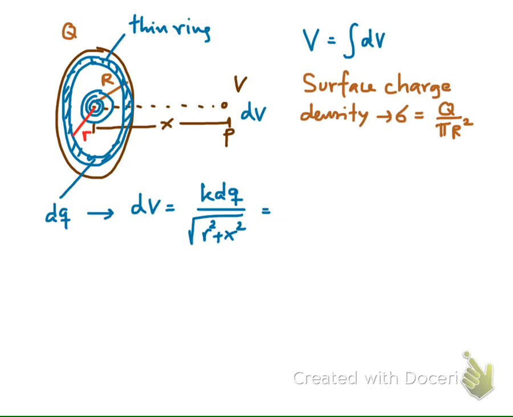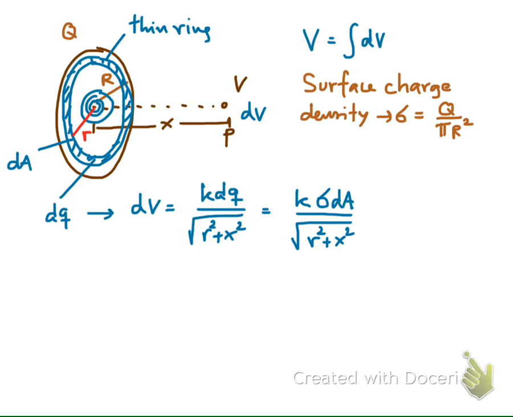It means that the charge on this ring dq is equal to sigma dA. So the electric potential from this ring is k sigma dA over square root of r square plus x square. Here dA is the area of this ring.